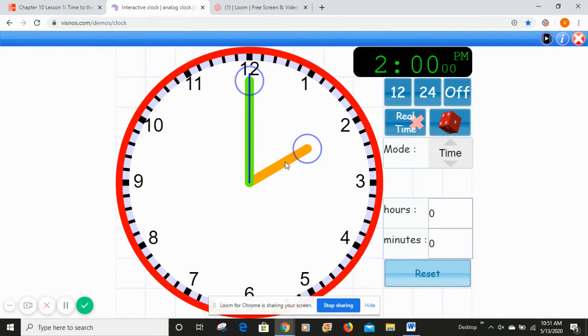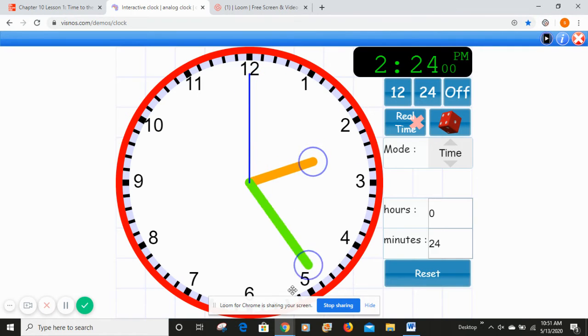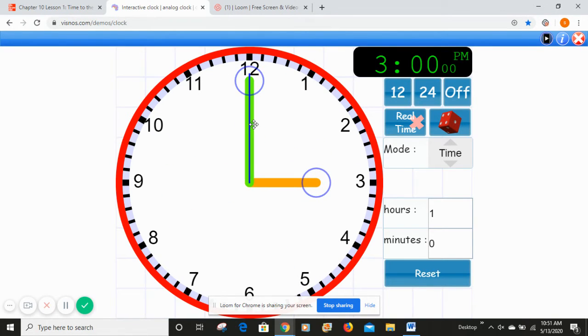All right, here we have an analog clock, and over here we have a digital clock. And you can see the minute hand or the long hand is pointing straight up to the 12, so we can read the short hand or the hour hand at 2. Now, if we go 3 hours past 2 o'clock, so there's 1 hour right there.